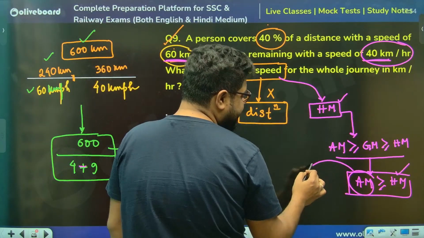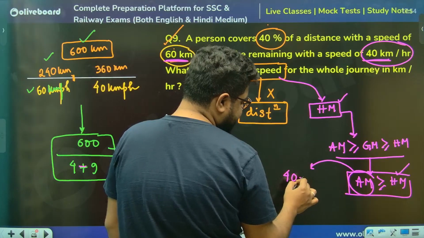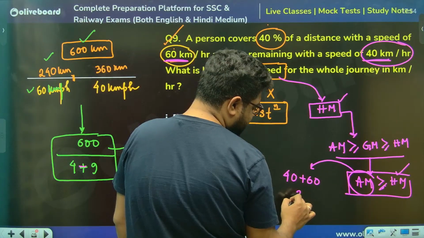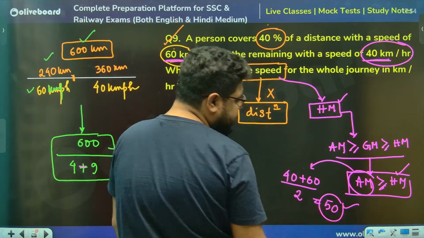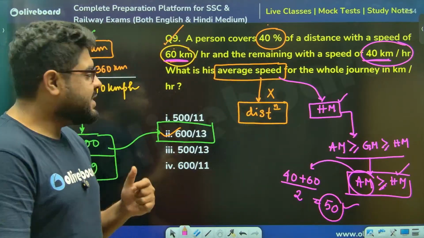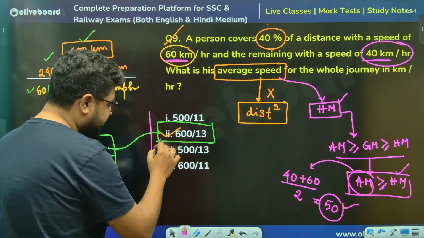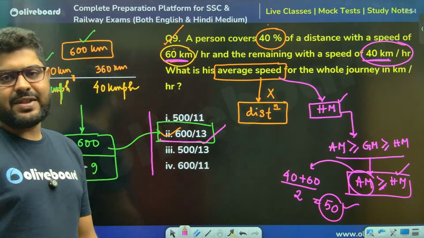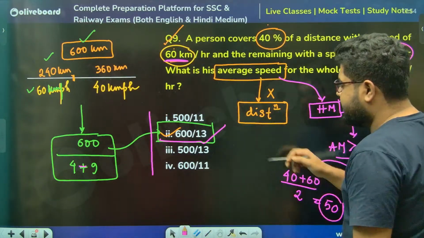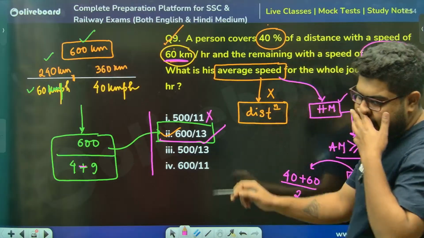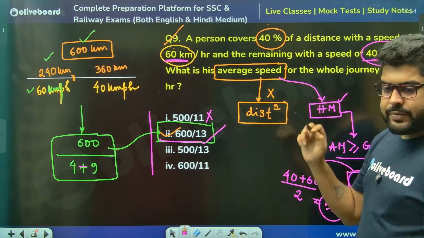AM means what? 40 plus 60 by 2. Normal average, that is 50. So my answer will be slightly less than 50. Check with the options. ये देखो यही आ सकता है. You will see कि sir देखो, this cannot be the answer. It is less than 50.